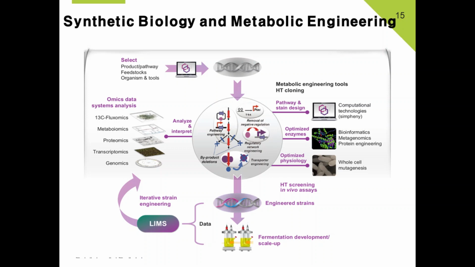Now I say may or may not because it doesn't matter what strain we select. As long as we have the pathway in mind, we can apply that to any host strain that we choose.